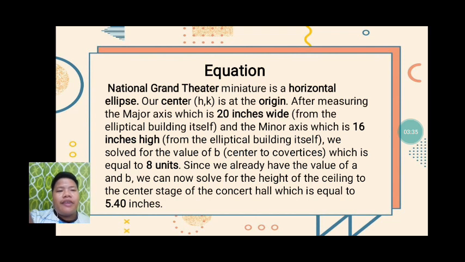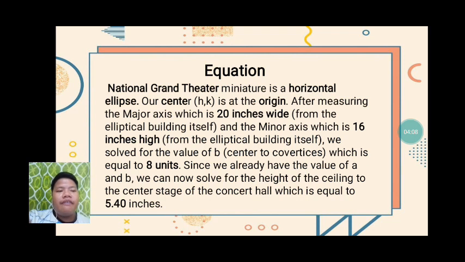The National Grand Theater miniature is a horizontal ellipse. Our center, H, K, is at the origin. After measuring the major axis, which is 20 inches wide from the elliptical building itself, and the minor axis, which is 16 inches high, we solve for the value of B from the center to the co-vertices, which is equal to 8 units.